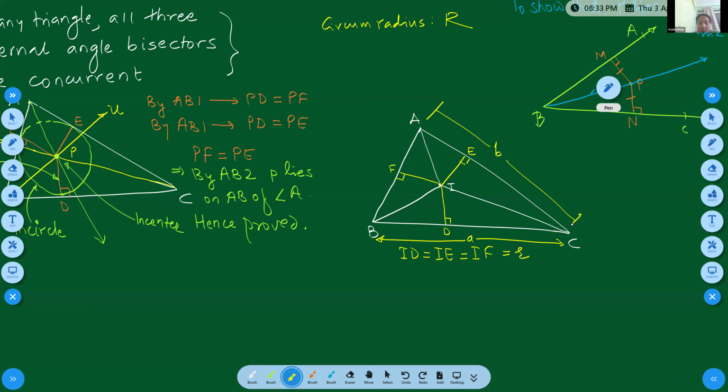Earlier we drew a circle passing through all three vertices, from the concurrency of perpendicular bisectors, and that is denoted by capital R, the circumradius. Capital R is reserved for circumradius, small r is reserved for inradius. And AI, BI, and CI are the angle bisectors. Yes.